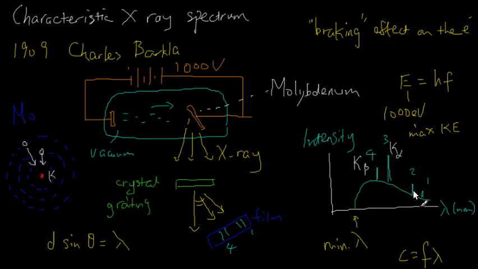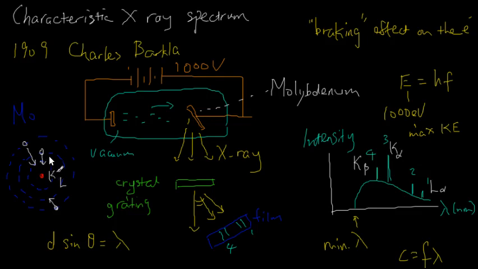Now, the next two lines have longer wavelengths and tend to be lower and weaker. This corresponds to transitions from, say, the higher orbits to the second shell. And the second shell is called the L shell in X-ray spectra. So that one is called L alpha. Let me just backtrack to the K alpha.